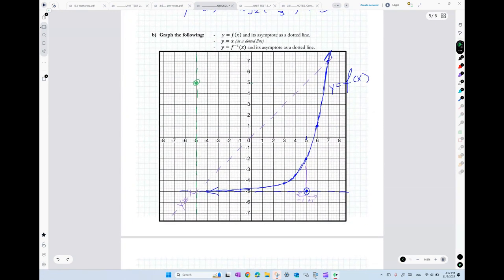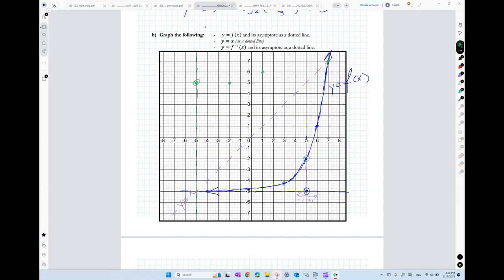So what I'm going to do instead, I'm going to take every point. This one is 5, -2. It's going to become -2, 5. This one is 6, 1. So I'm going to go 1, 6. This one is 7, 7. So it's going to be 7, 7. This one here is 3, -4.25.